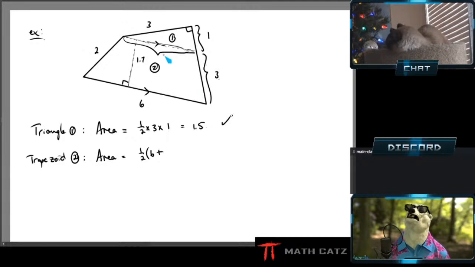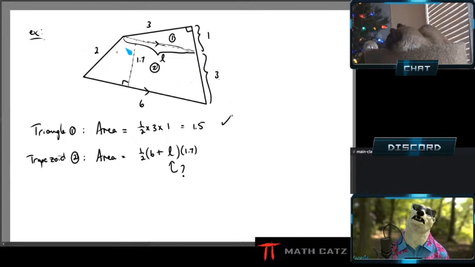Let's call it L, length of that side. Don't know L, and I would need to. And then the 1.7, oopsie. The 1.7 will be the perpendicular distance, the height. Right, so I have everything except L, and I need L for my trapezoid formula.